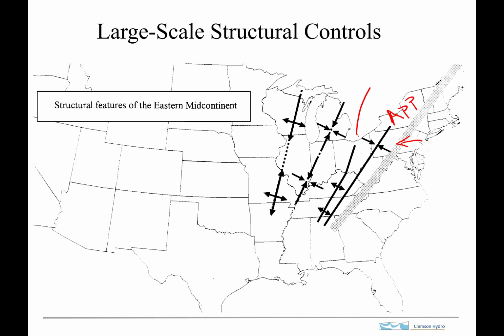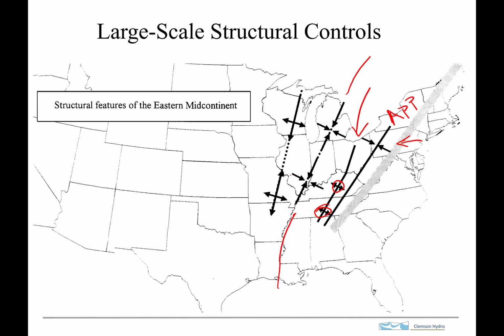That's right there. And along that arch, there's a dome right here. That's the Lexington Dome, and the Nashville Dome is right there. And then the next structural feature is this low lying area, and right along here, this is the Mississippi embayment.